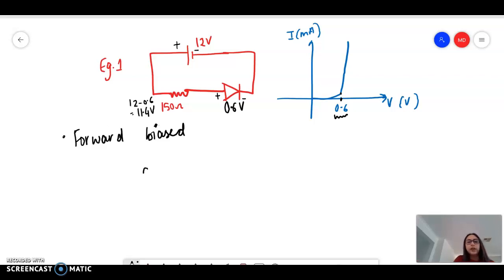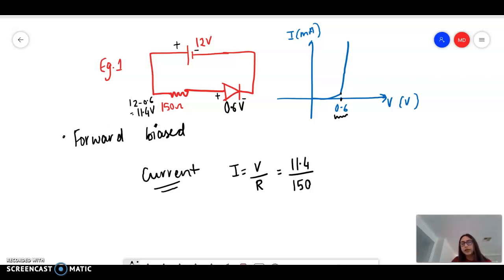So if you were to find the current in the circuit, using Ohm's law, you can use I equals V over R. Now, you only deal with the potential difference across the resistor. So the resistor is getting 11.4 and the value of the resistance is 150 because the diode has no resistance now whatsoever.